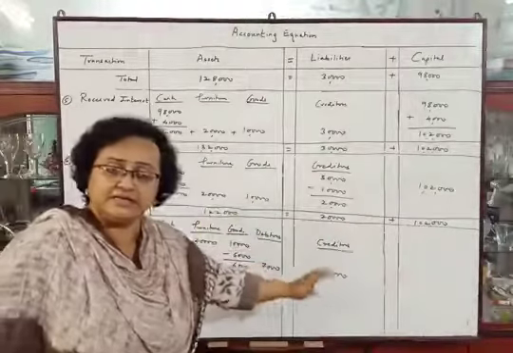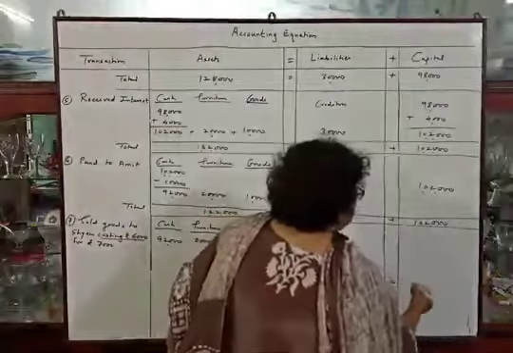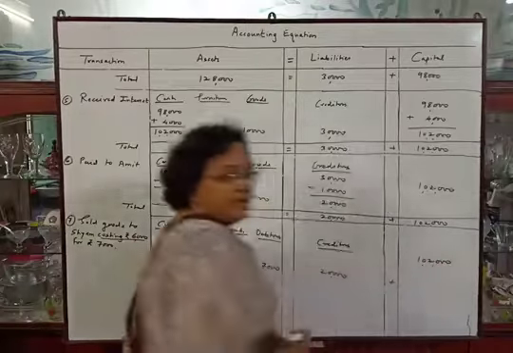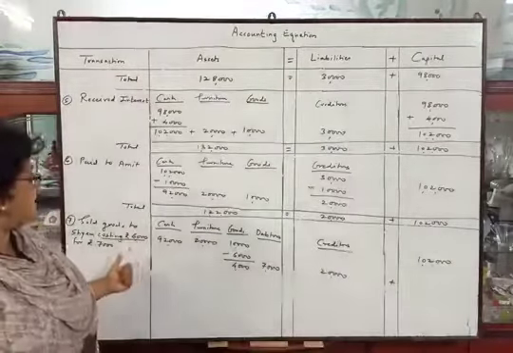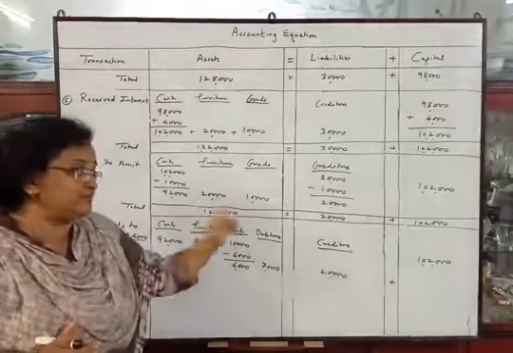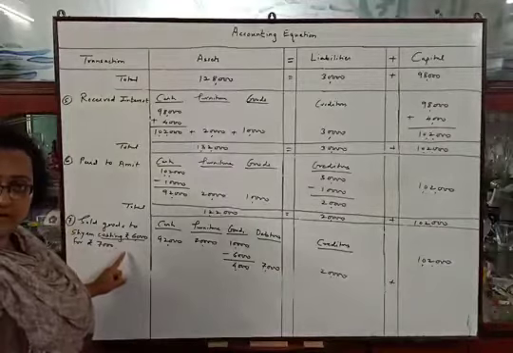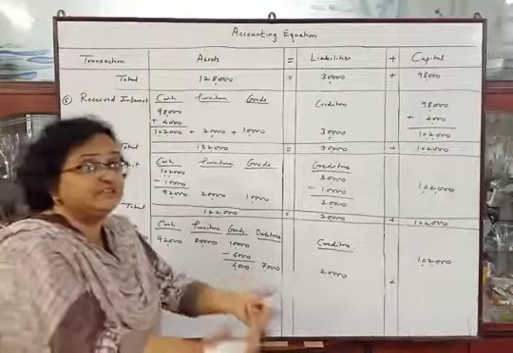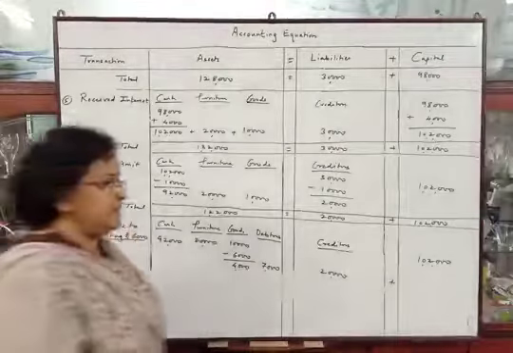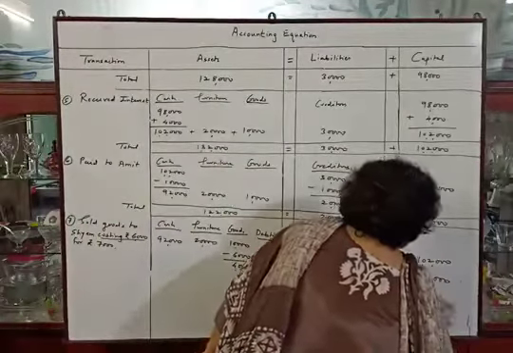So total creditors remain as it is, rupees 20,000, plus capital. Our capital was rupees 1,02,000. Okay. Here in this transaction we are having a profit of rupees 1,000, and profit is always added to the capital. The goods are going out for rupees 6,000, but we will get rupees 7,000 from our customer. So 1,000 will be our profit. So plus rupees 1,000, profit will be added in capital.